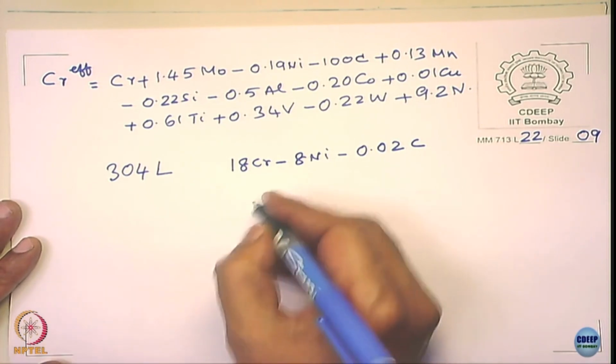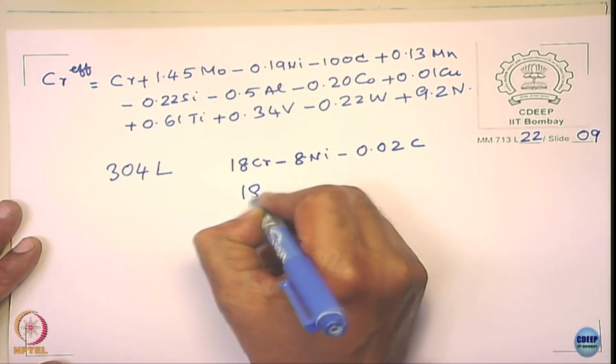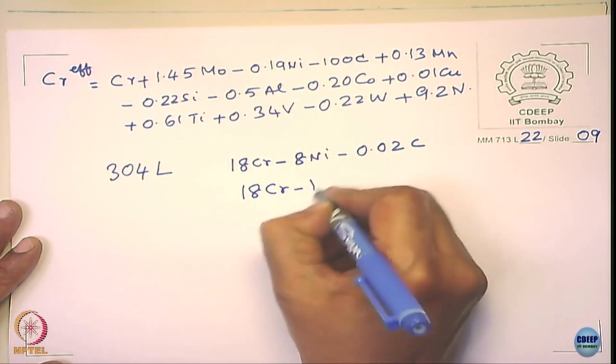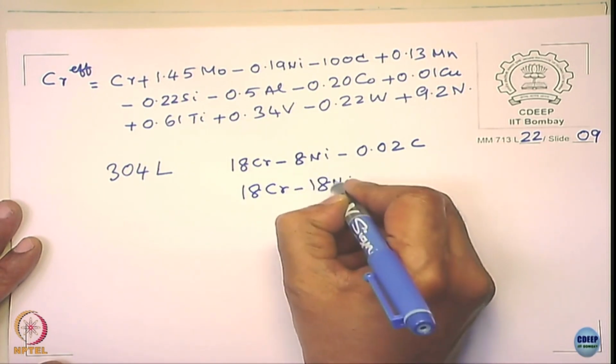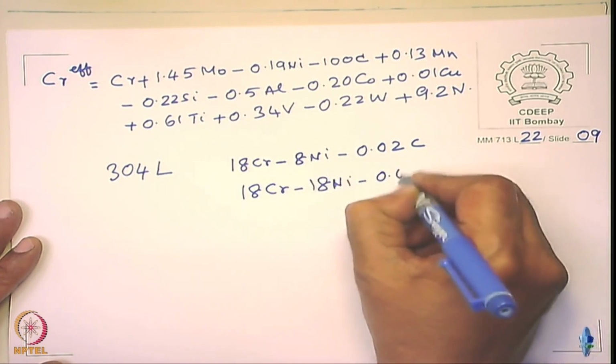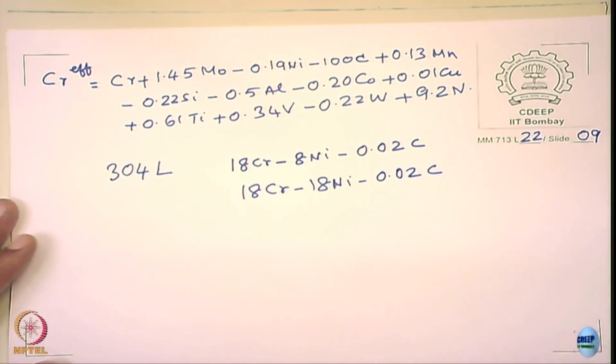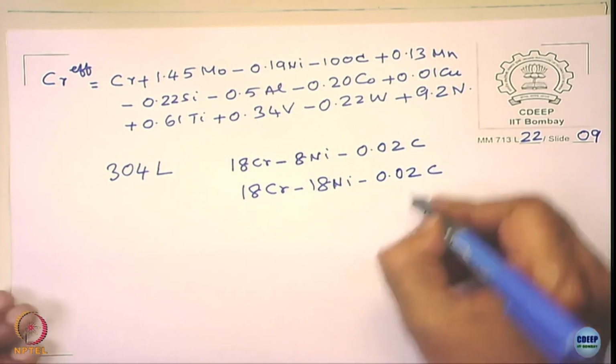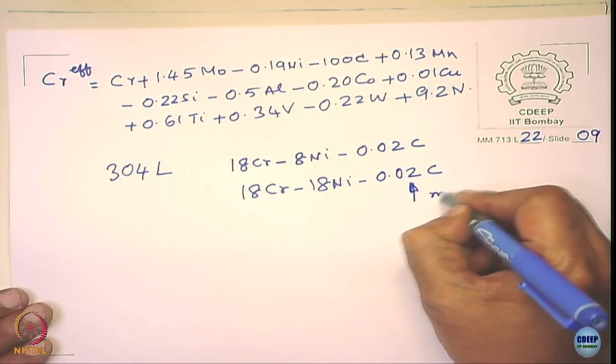If the alloy is not controlled, it goes to 18 chromium, 10 nickel, 0.02 carbon. What happens? This may sensitize.